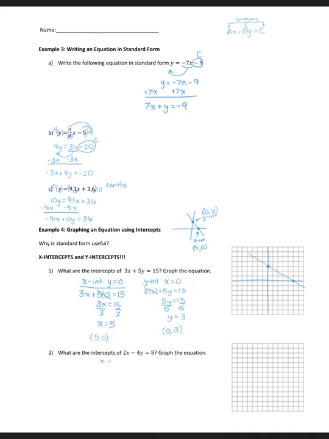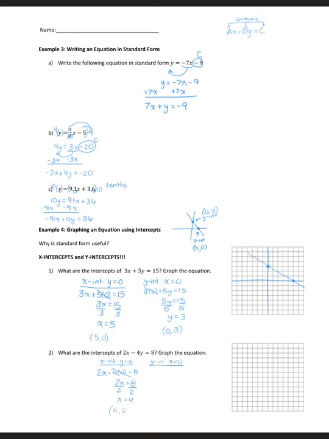So if I'm looking for my x-intercept, that means that y is 0. If I'm looking for a y-intercept, that means x is 0. So in my equation here, if I'm looking for my x-intercept, that means I have 2x minus 4 times 0 is equal to 8. 4 times 0 goes away. 2x is equal to 8. Divide by 2, x is equal to 4.